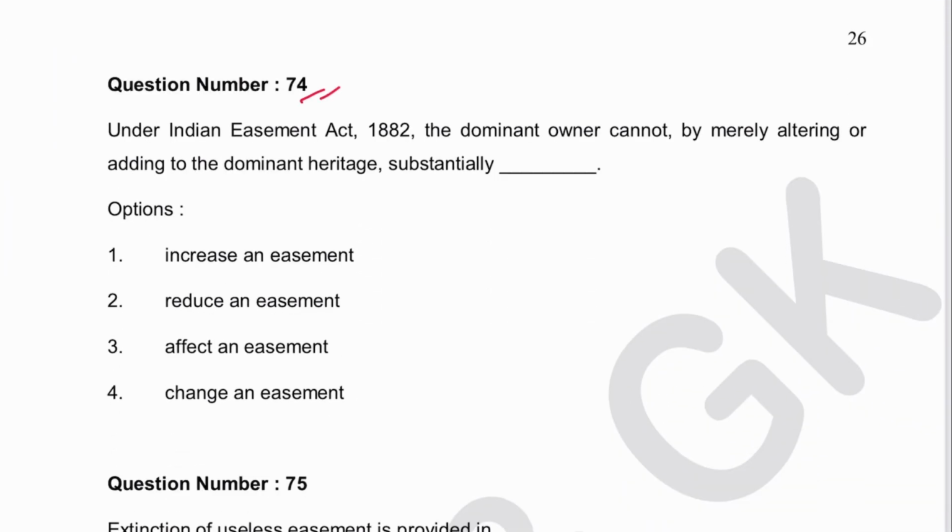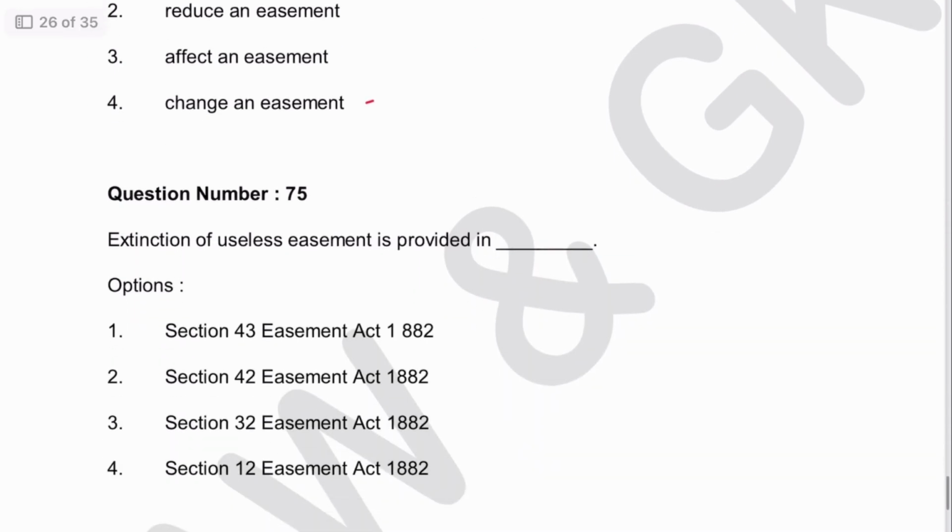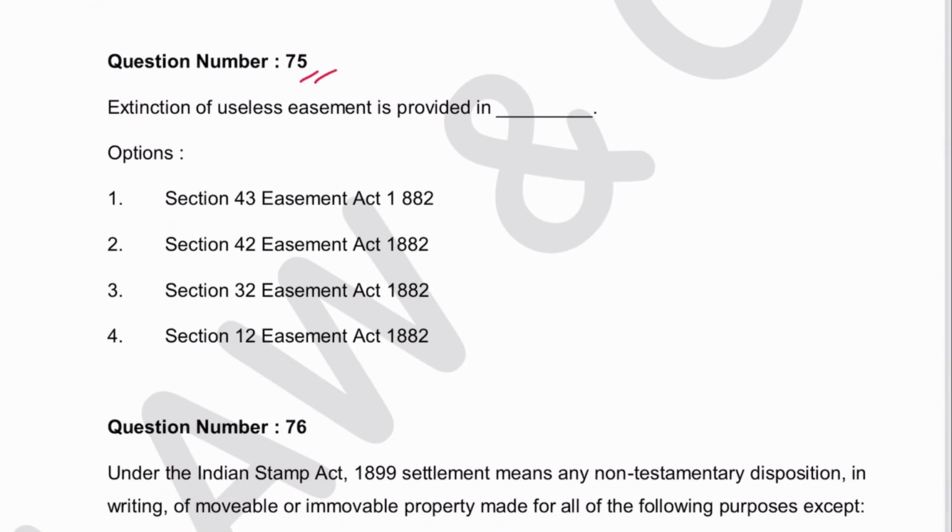Next is 74. Under the Indian Easement Act, the dominant owner cannot, by merely altering or adding to the dominant heritage, substantially increase the easement or reduce, alter or change an easement. Increase an easement. 1 is the answer. This is mentioned in Section 29 of Easement Act. Next 75.